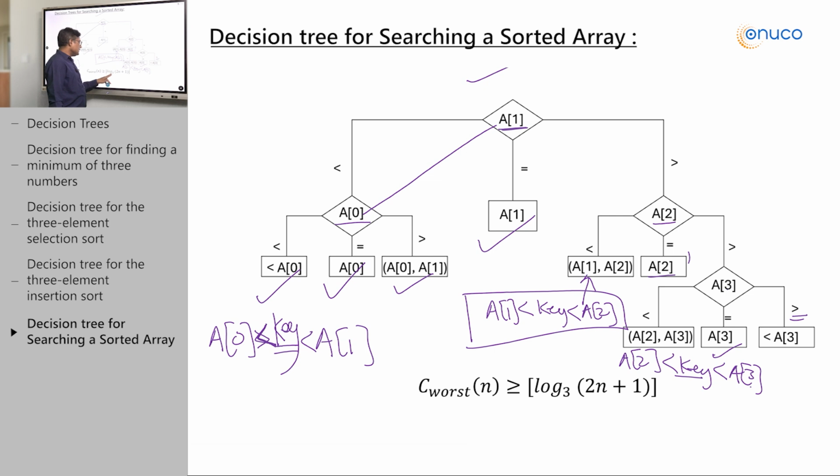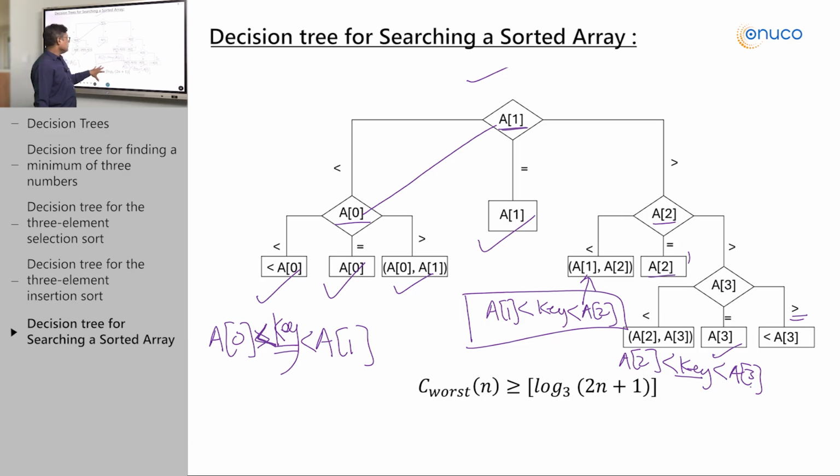So log 9 base 3, right? Why 3? Because in each and every step, each and every condition, we have 3 outcomes, right? It is not binary decision, it is ternary decision, right? Hence it is log base 3. So log 9 base 3, so 3 square.